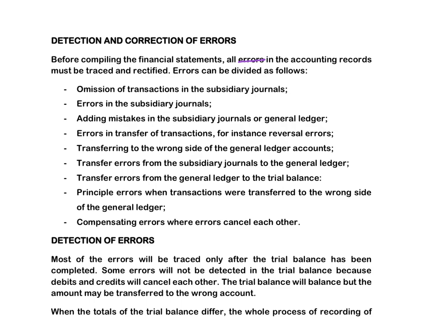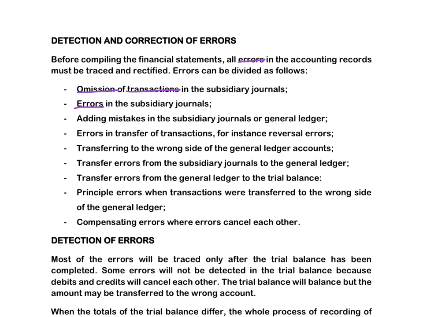Omission of transactions, so the transaction was not recorded in the books at all because you received the source documents too late or because someone made a mistake. Errors in the subsidiary journal, so when you record something incorrectly in the subsidiary journal, it is posted incorrectly to the general ledger.